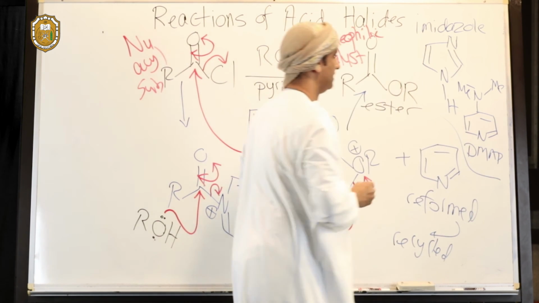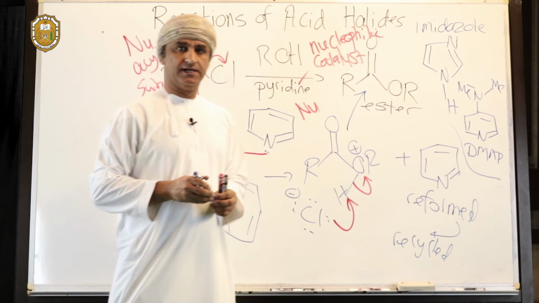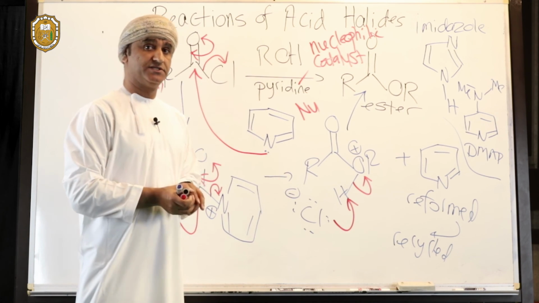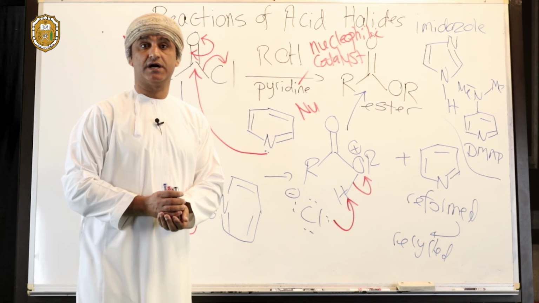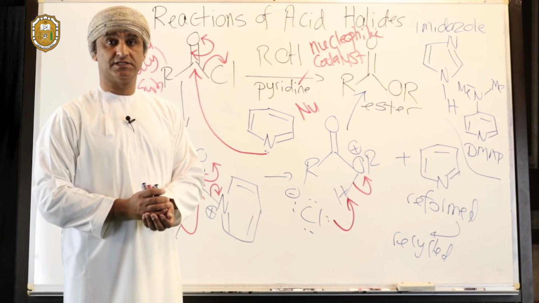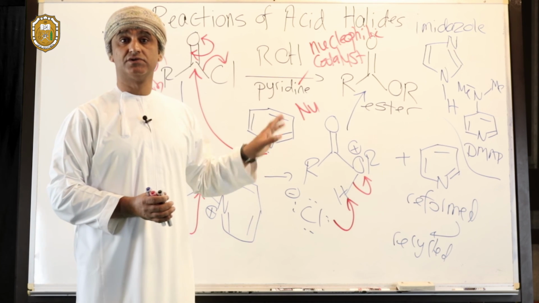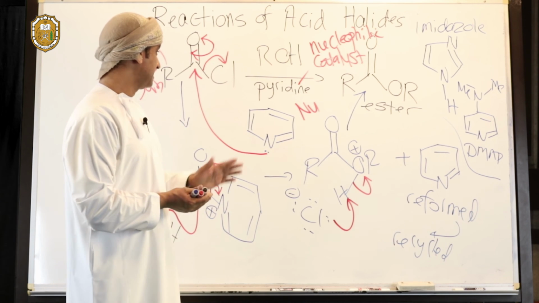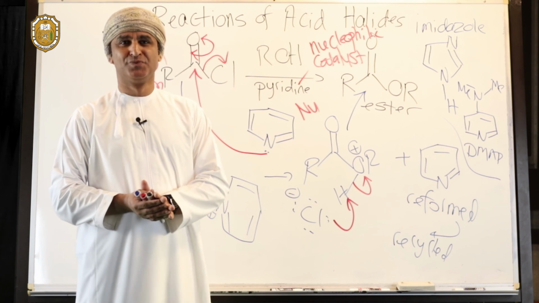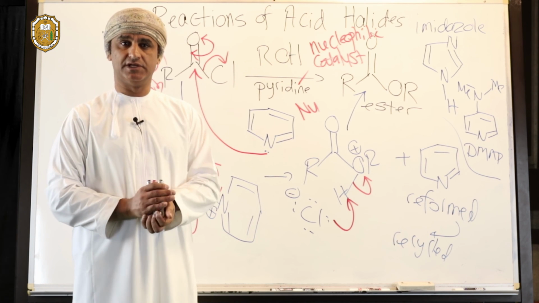So DMAP and imidazole can also be used as nucleophilic catalysts in the transformation of acid chlorides into esters. So again, in summary, this is a very useful reaction for making esters from acid chlorides by reacting the acid chloride with an alcohol in the presence of a nucleophilic catalyst.